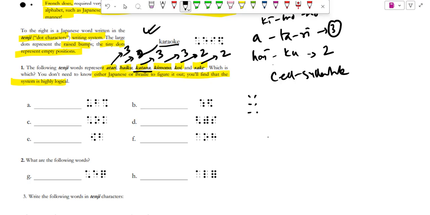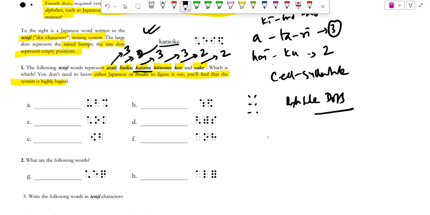Atari is 3 syllables, haiku we have already done. Now looking for the pattern in the Braille cell: since each syllable in Braille follows rules, the vowel part is determined by the right side dots.